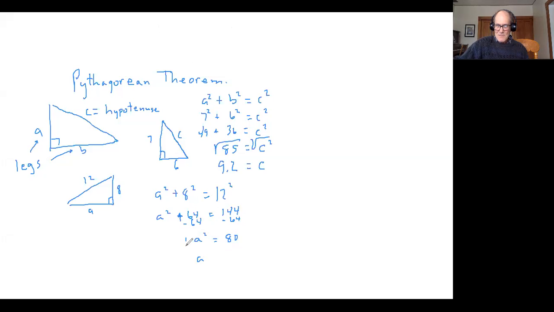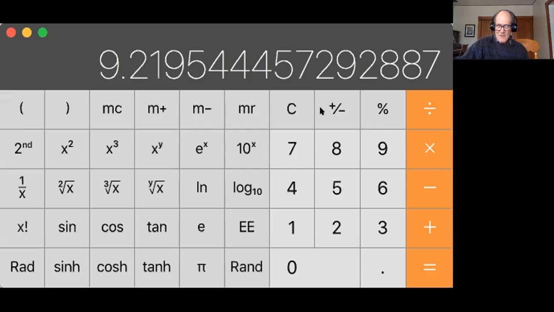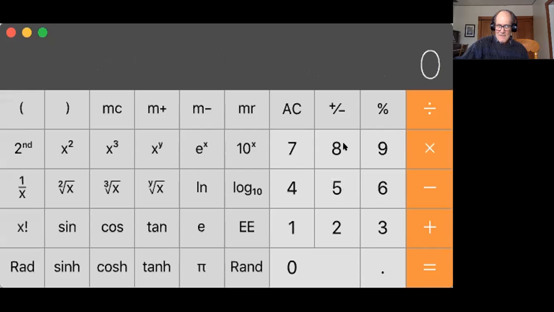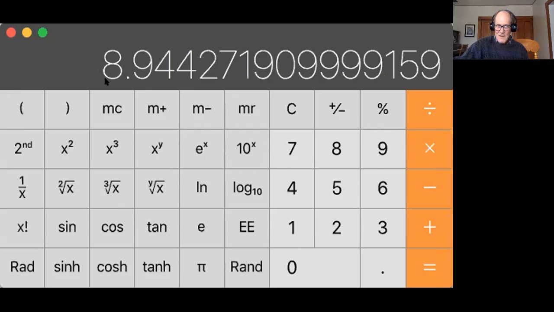And so then when I take the square root of both sides, now I go back to my calculator for this one, and in just a minute we'll return to this and we'll get a slightly different answer. Back to my calculator and put that 80 in. Square root 8.944. Okay, I'll just say 8.94 this time, or 8.9.